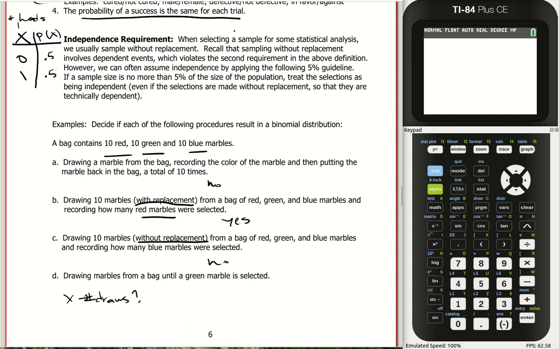There's something that we can do in the calculator also to find these 50% values. There's a button in the calculator called binomial PDF, and it is in the distributions. If you go second vars, it brings up distributions. You have to scroll down a little bit to find binomial PDF.